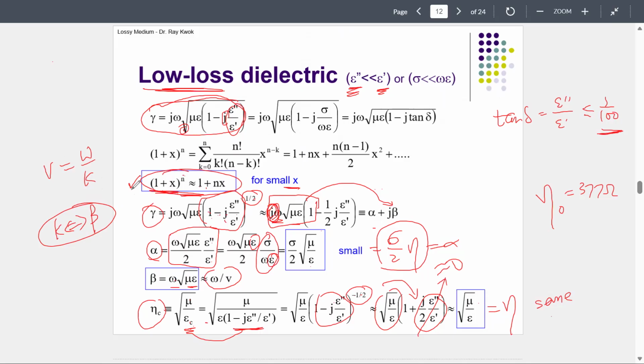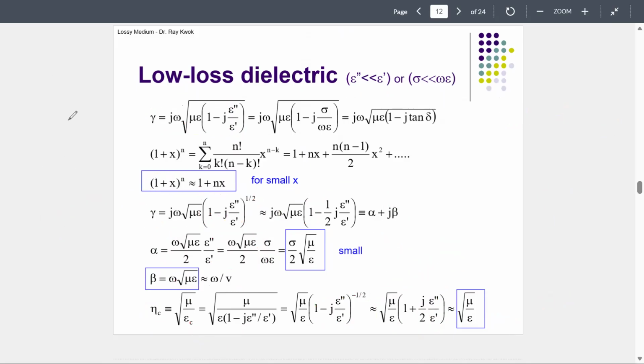So let me summarize this before I do a quick example. What we're saying is this. If I'm dealing with a lossy medium, how do I know it's a lossy medium? Every time I see epsilon prime, epsilon double prime, a conductivity in the problem, or a loss tangent in the problem, you know you're dealing with a lossy medium.